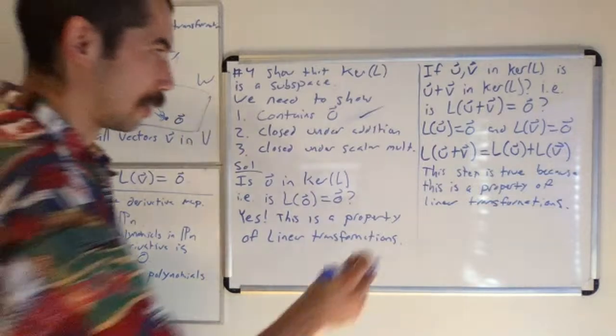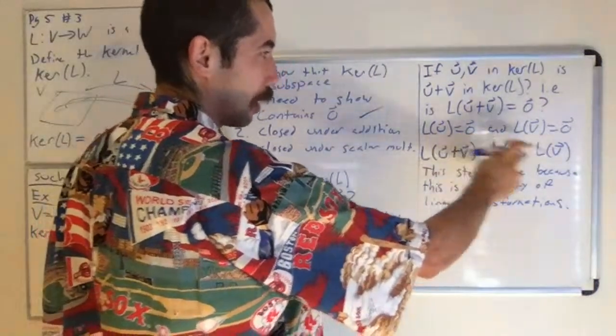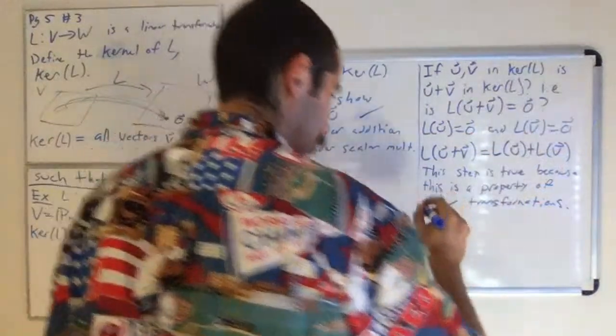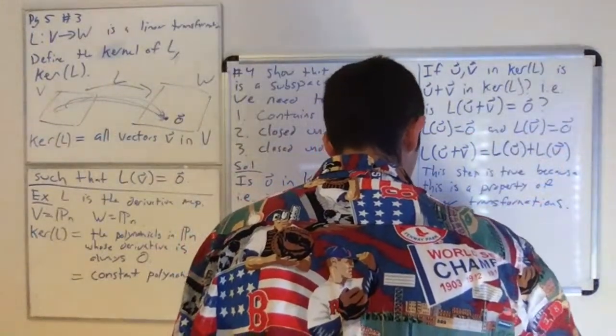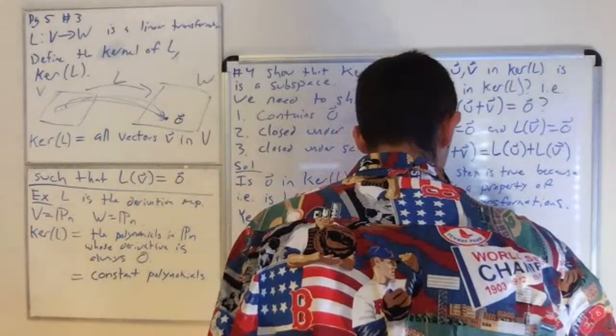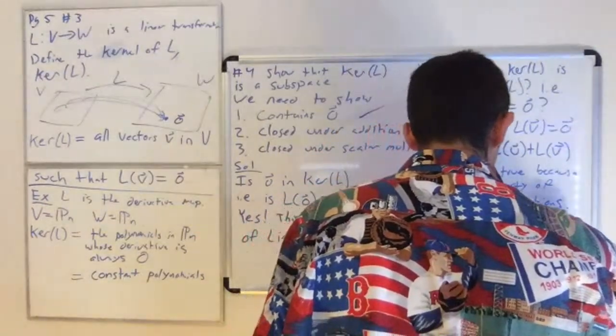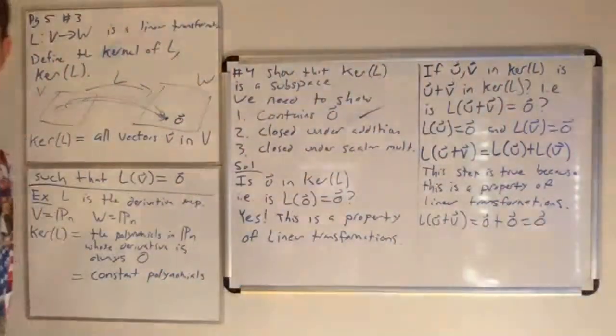Okay, and now we know L of u equals 0 and L of v equals 0, so we're done, right? So L of u plus v is equal to 0 plus 0, which is equal to 0. Hence, u plus v is in the kernel of L.